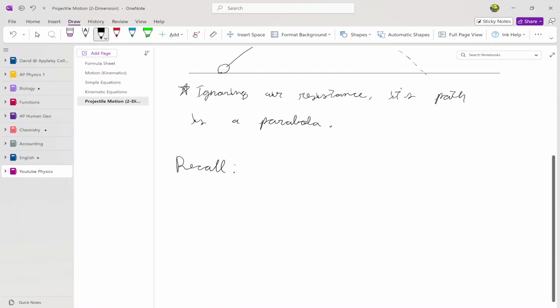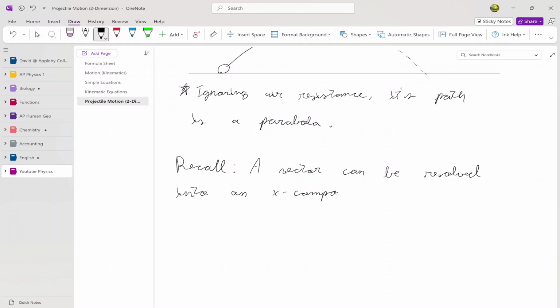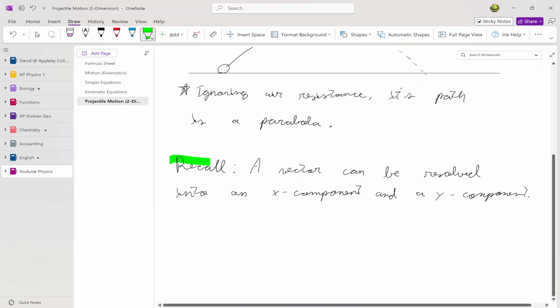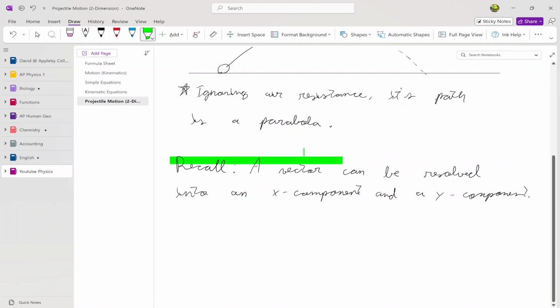So, recall: a vector can be resolved into an x component and a y component. This is what I'm talking about, the breakdown of vectors. I feel like this is an extremely important thing, so I'm just going to highlight it.